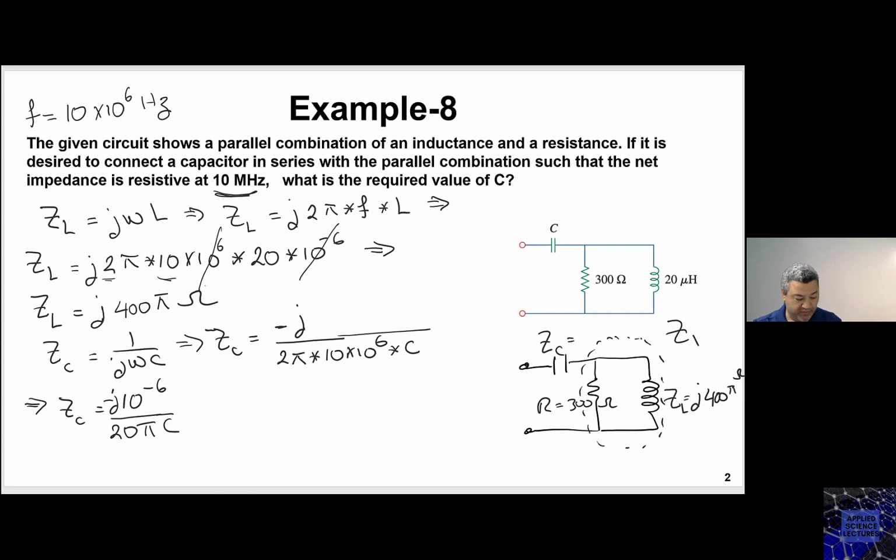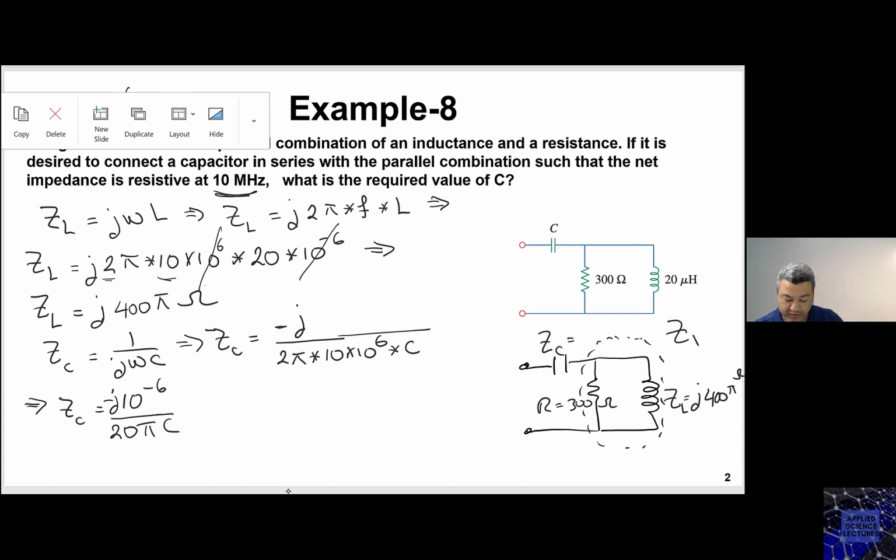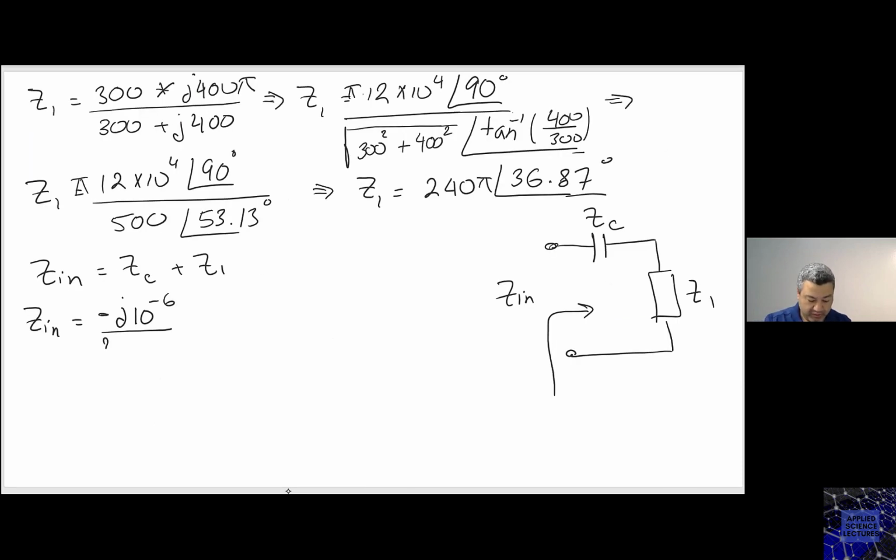So the total impedance now would be Zn equals ZC, which is minus j 10 to the power minus 6 over 20 pi C, plus this 240 pi.